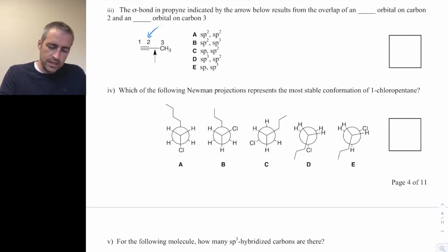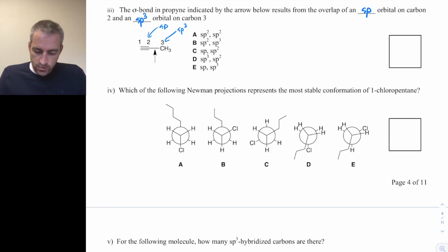Carbon 2 is sp hybridized, carbon 3 is sp3. Whenever you have a carbon-carbon bond, it will be the result of overlap of hybridized orbitals. So it'll be an sp overlapping with an sp3, which is option E.